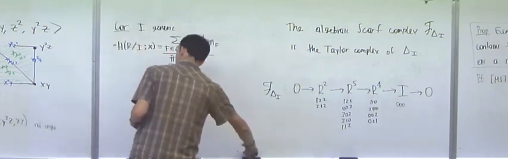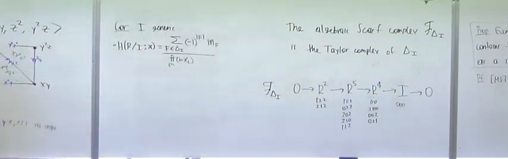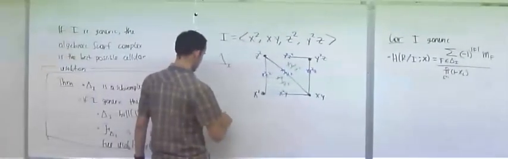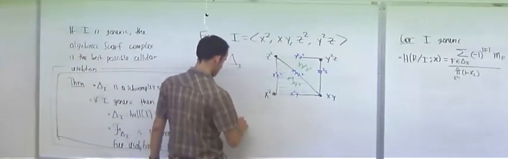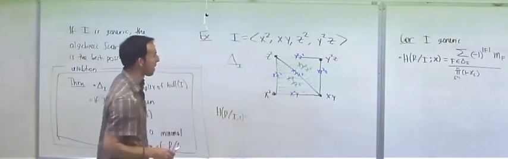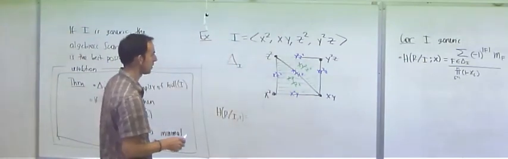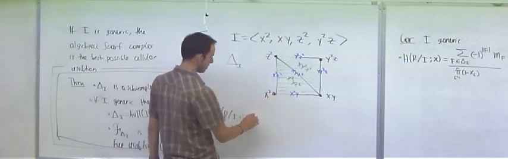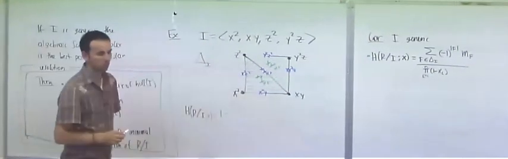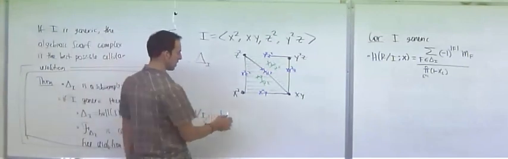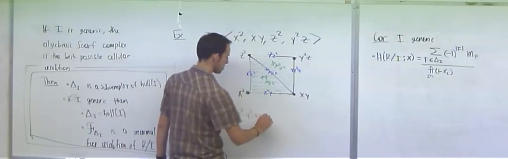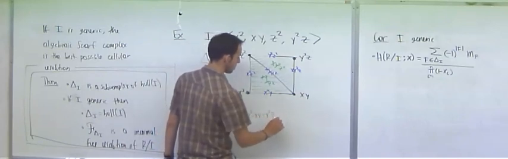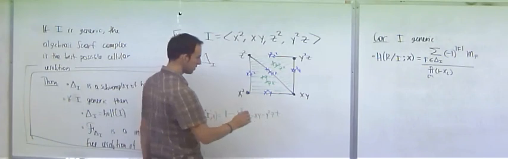Okay. So in this case, I can write the Hilbert series of R mod I just by looking at this picture. And it goes like this. First, the empty face is 1. Then you subtract the vertices. Then you add the edges.